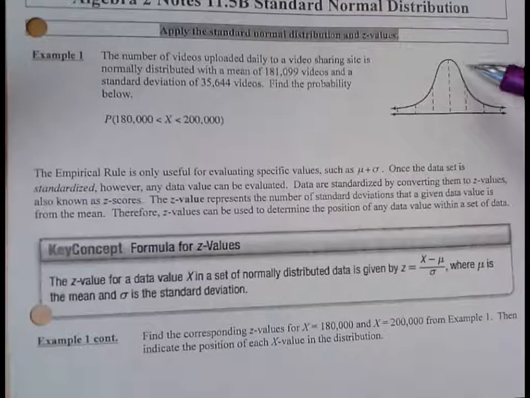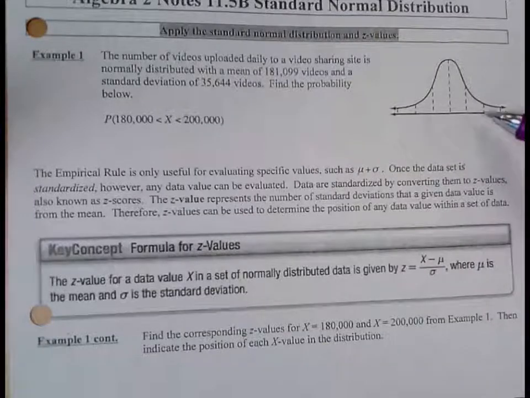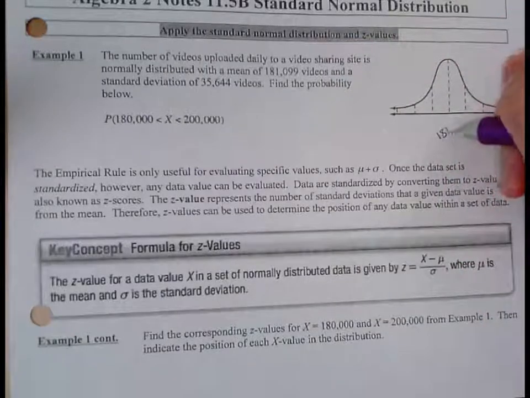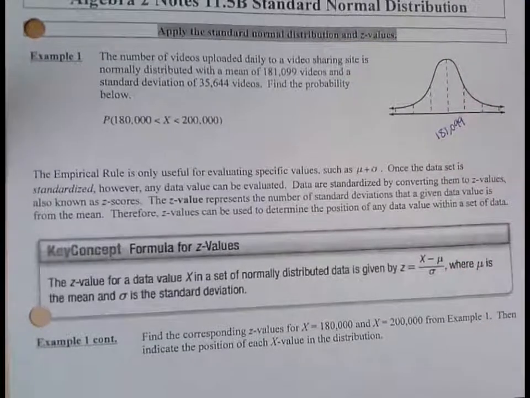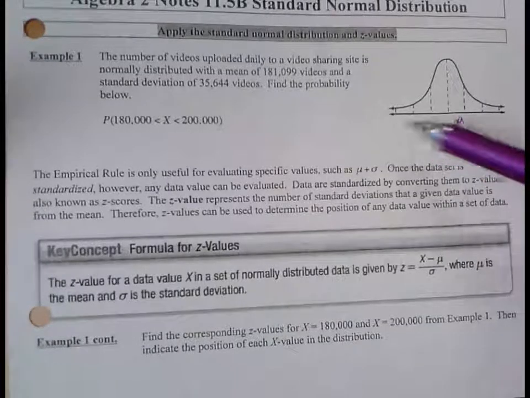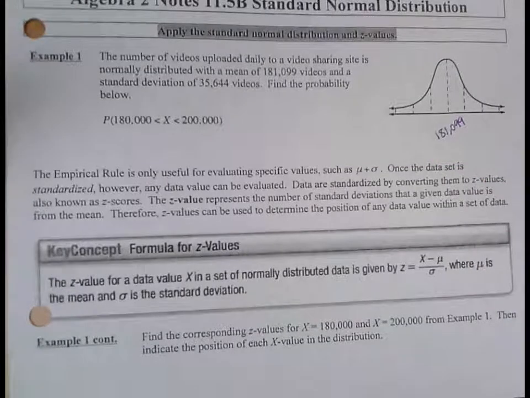I'm going to set up my x-axis for my normal distribution. The mean is 181,099. Just as we did yesterday, I can fill this in by going up 1, 2, 3 standard deviations and then down 1, 2, 3 standard deviations.